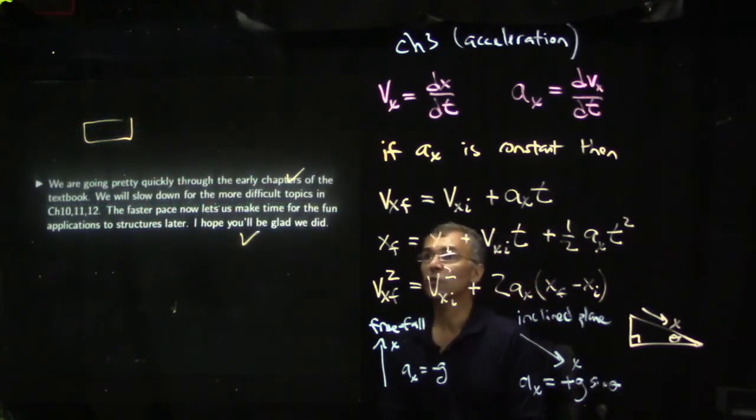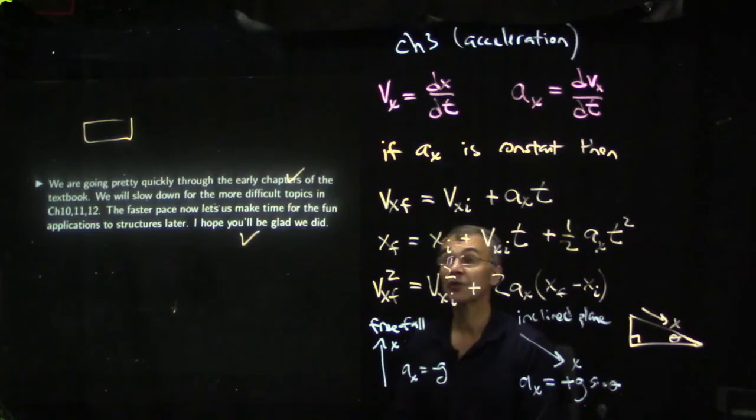By the way, we're going very quickly through the early chapters of Mazur's textbook. Chapters 1 through 9 go pretty quickly. We're going to slow down for the more difficult topics. Chapters 10, 11, 12 will be the most difficult part of the course, so we'll take a lot more time per chapter when we get there.